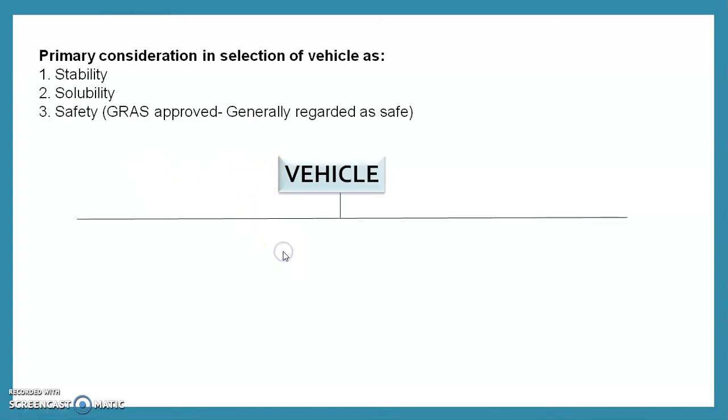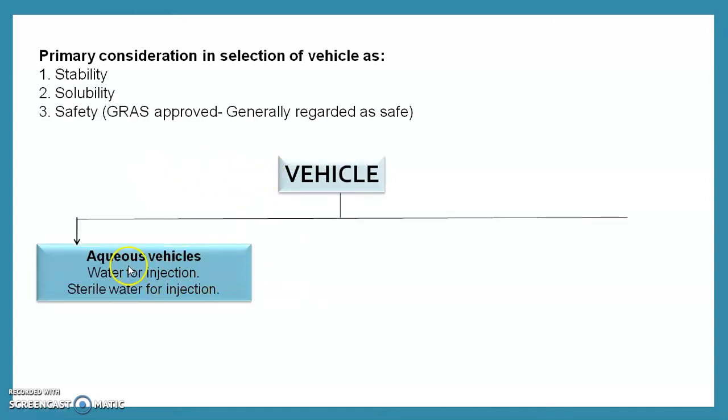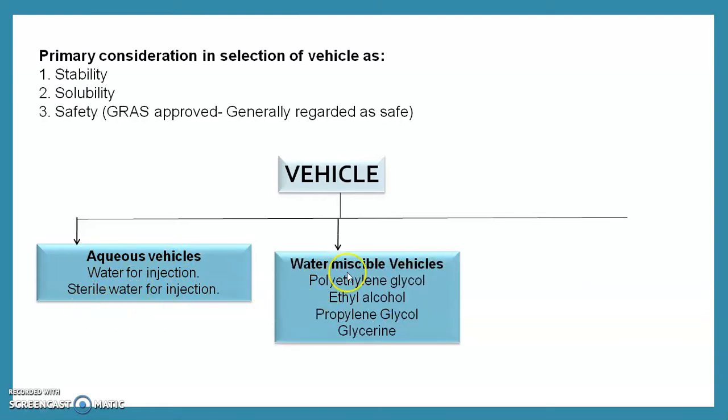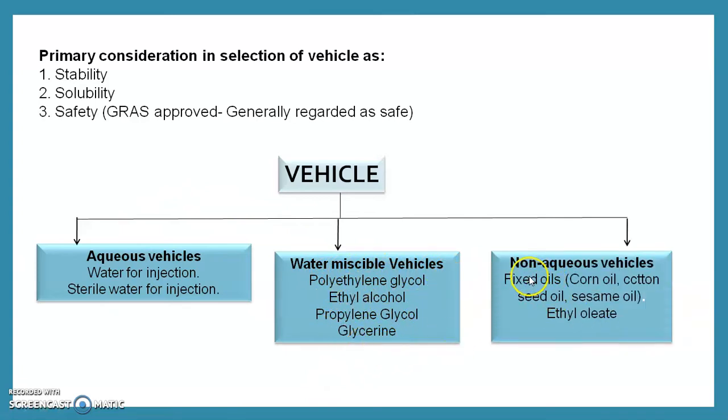Vehicles used in parenteral preparations are aqueous vehicles, for example water for injection, sterile water for injection. Then water miscible vehicles like polyethylene glycol, ethyl alcohol, propylene glycol, glycerine. Then non-aqueous vehicles such as fixed oils, corn oil, cottonseed oil, sesame oil, ethyl oleate are the vehicles used in parenteral preparations.